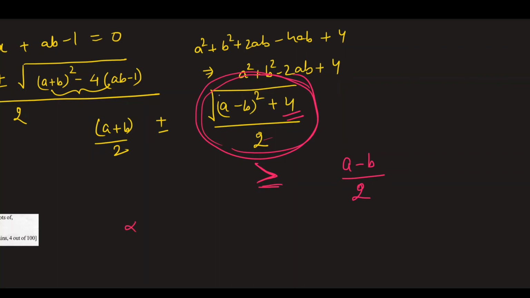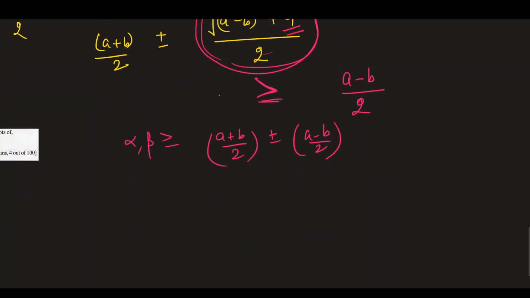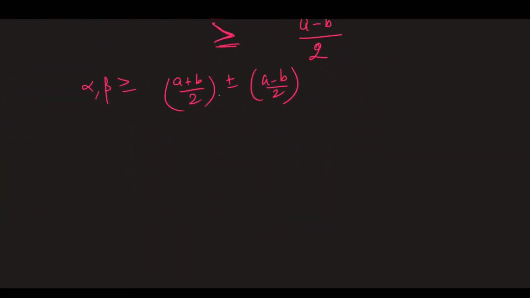If we say this 2 and this 2 got cancelled and you square, you will get that this thing is always greater than this thing. So we know that alpha comma beta will always be greater than (A plus B) by 2 plus minus (A minus B) by 2. Now the question has ended. Why?